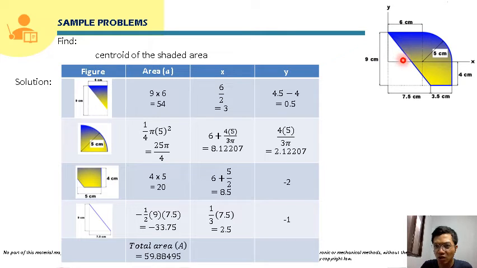So the distance that we need is this distance. This distance will be 5 minus 4.5, that is 0.5. The other way around, since this is 4, and the centroid of this rectangle is here at 4.5, it can also be 4.5 minus 4 to solve for this distance.